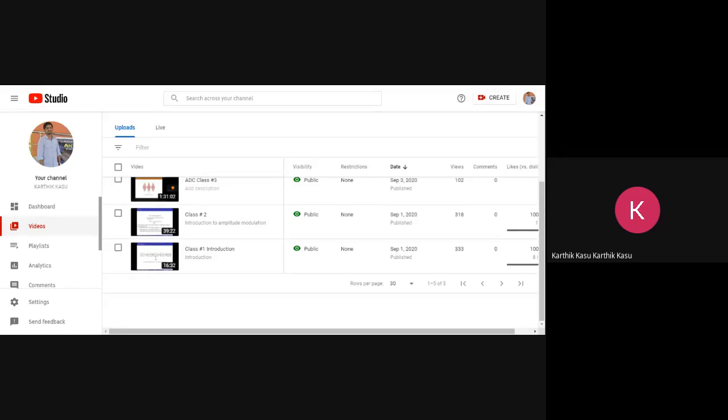It has 3 components: one is a carrier and 2 sidebands, namely upper sideband and lower sideband. These 2 sidebands contain identical information, whereas the carrier does not contain any information.